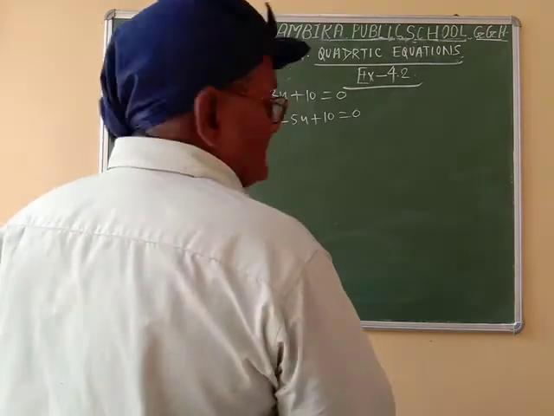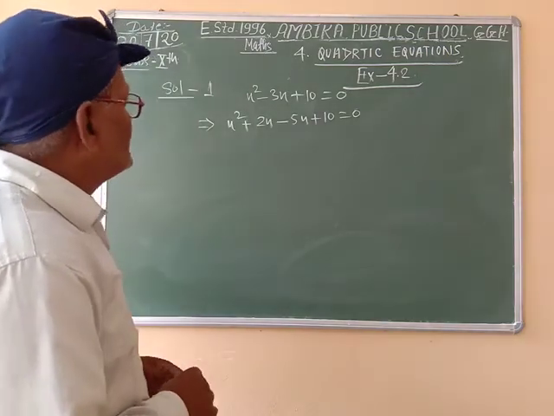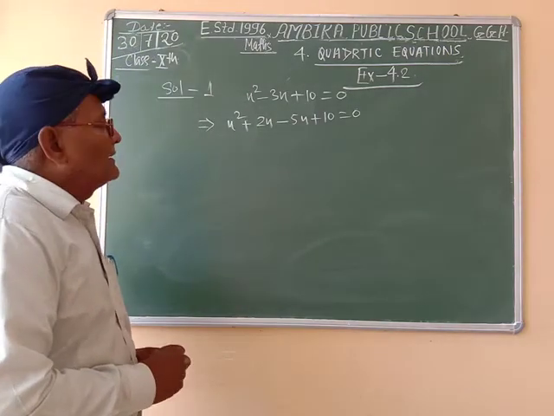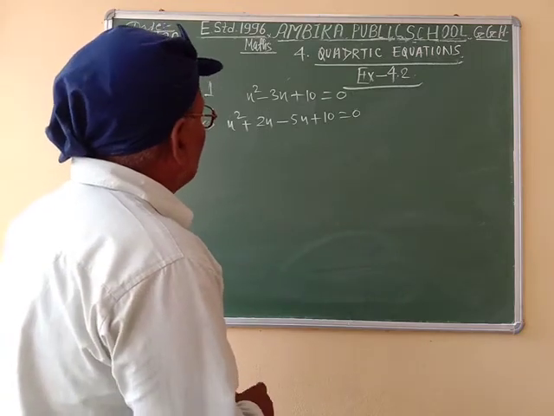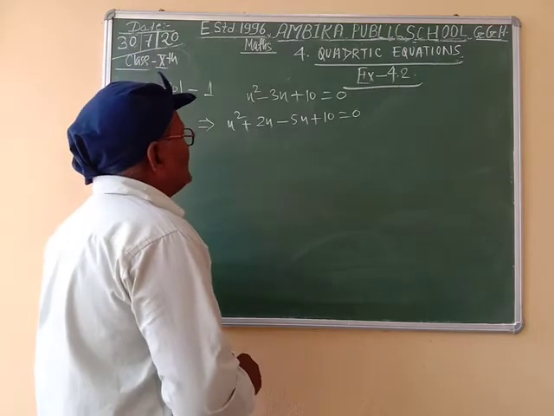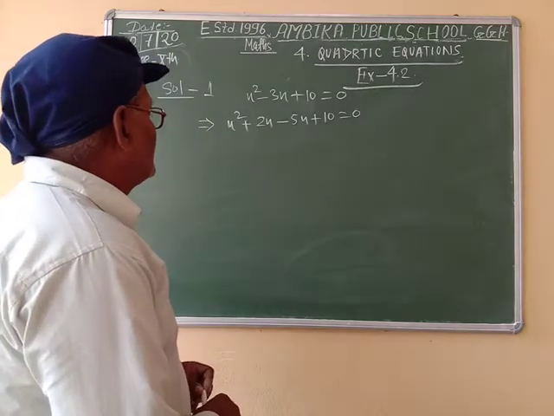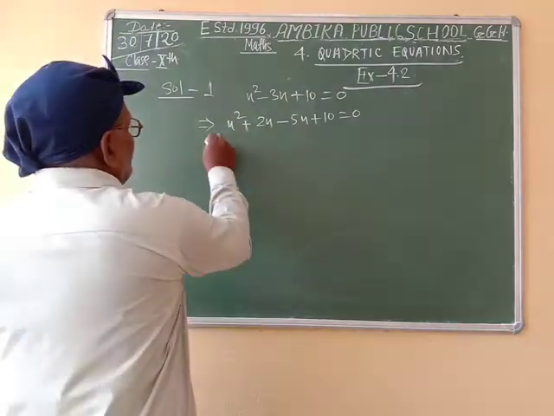So such numbers are plus 2 and minus 5. Adding plus 2 and minus 5, we get minus 3. And if we multiply 2 by minus 5, we get the product 10. So the appropriate numbers are 2x and minus 5x.